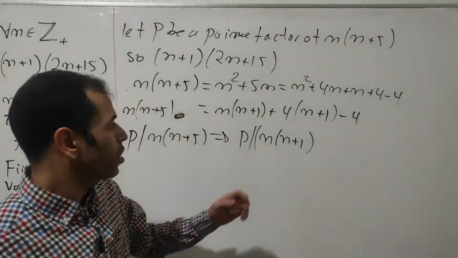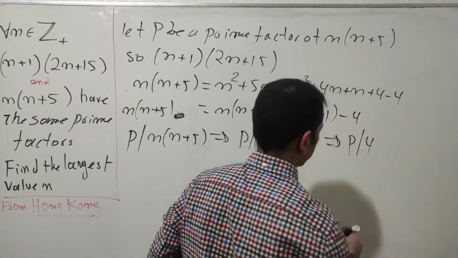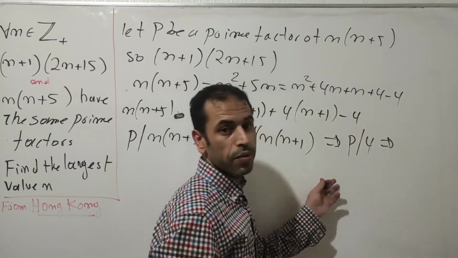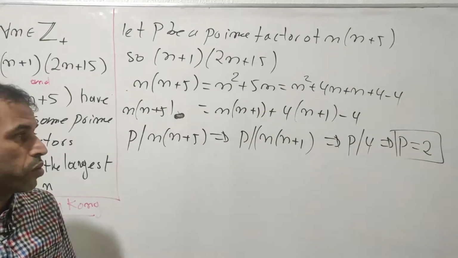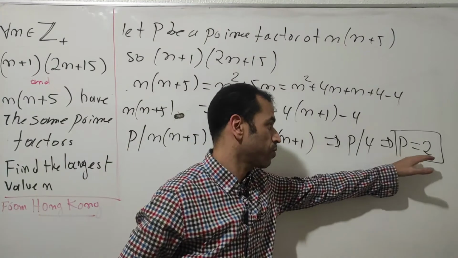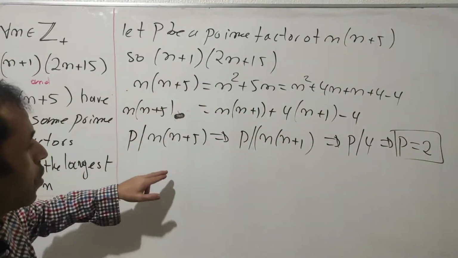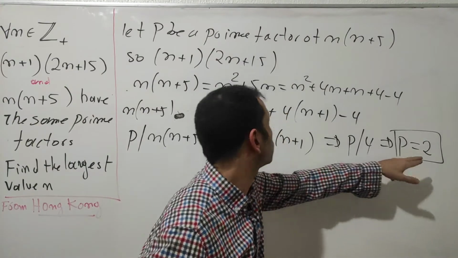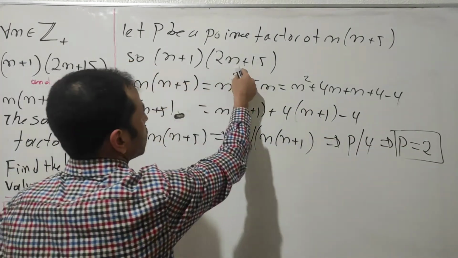In other words, p must divide 4. Since p is a prime, p must be 2. This is a very important value that I have extracted, and I'm going to use it all the time now.